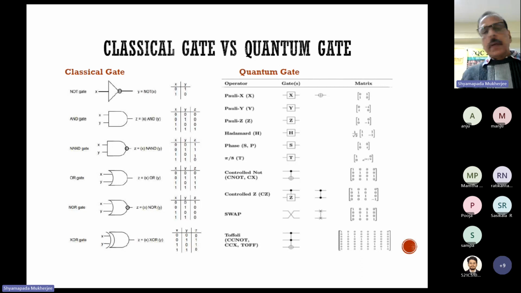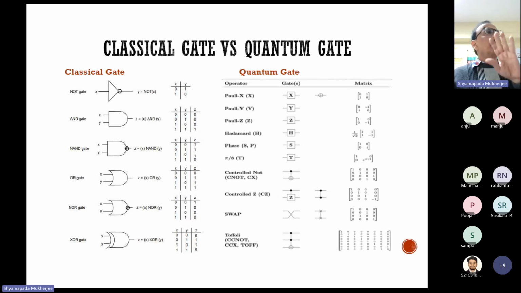Then this is just a comparison between classical gates and quantum gates. NOT gate, AND gate, NAND gate, OR gate, NOR gate, XOR gate. Similarly, I have the Pauli X gate, Pauli Y gate, Z gate, Hadamard gate, phase gate, phase change, something like this. You see on the left-hand side, classical gates are restricted in number. But quantum gates are not restricted.